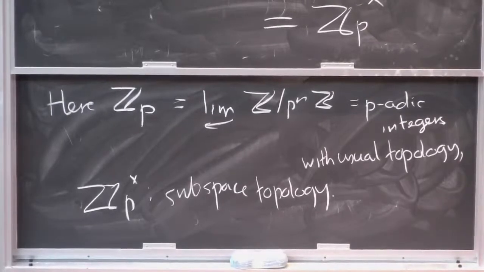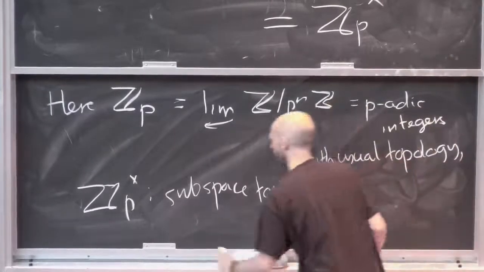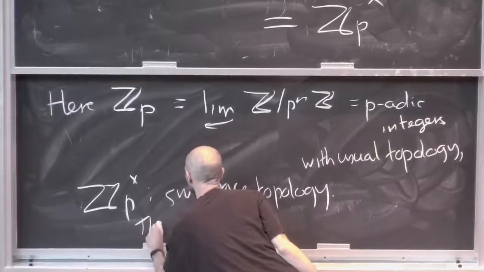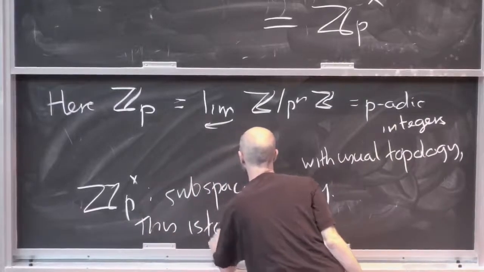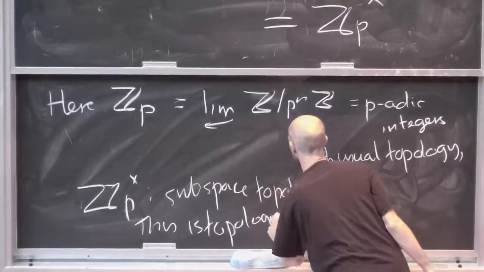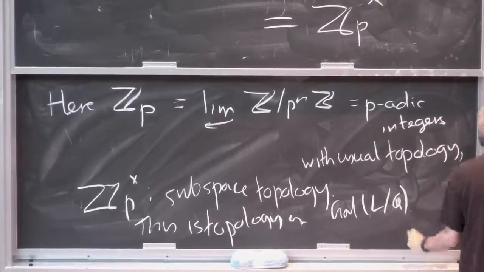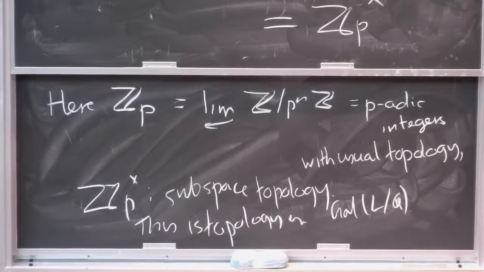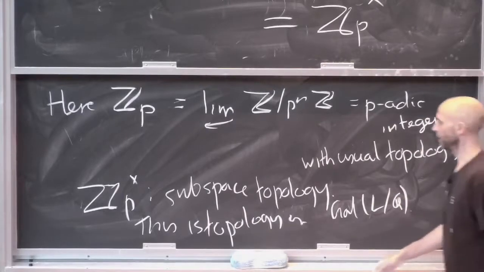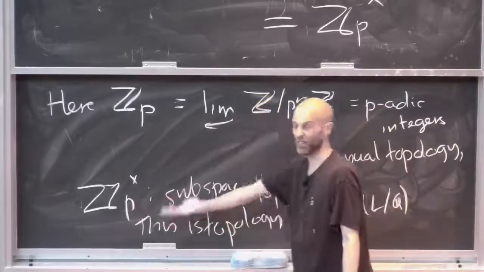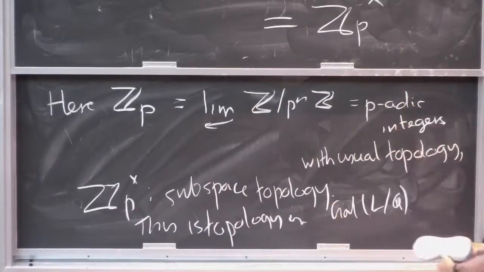So anyway, Zp star gets the subspace topology, and this is the topology on Gal(L over Q). So there we go. There's an example of an infinite Galois group, and we can see the topology. And the topology is something that you may be familiar with. So there's a worked example.